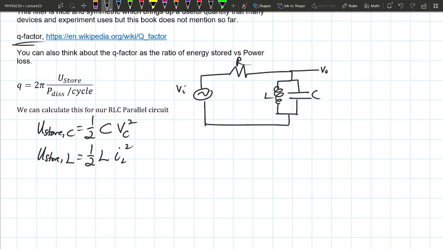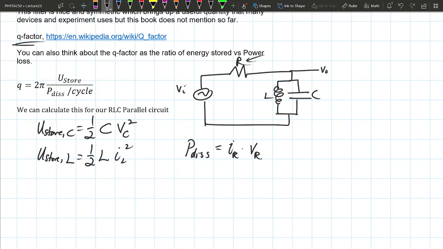Maybe if I talk through the denominator here, the power dissipated, right? In an idealized system, the only power that's being dissipated is through the resistor. The amount of power dissipated is the current going through that resistor times the voltage drop across that resistor.